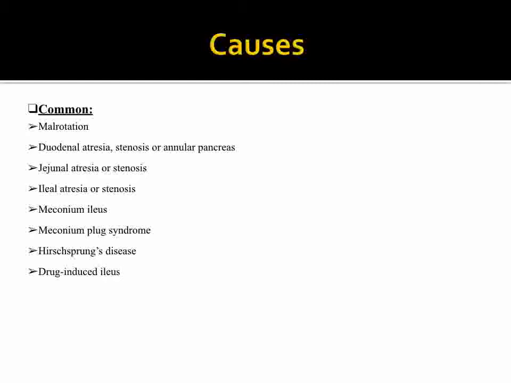The most common of these are opioid narcotics. Sometimes during labor, the mother may be given opioid narcotics as an analgesic. If these narcotics were given to the mother before clamping of the cord, they will pass into the baby and produce ileus, and the baby will present with the picture of paralytic ileus. These are the common causes of neonatal intestinal obstruction.